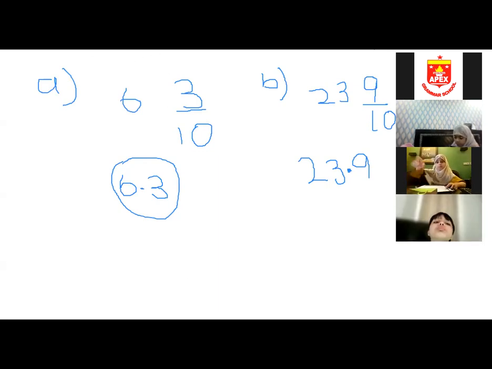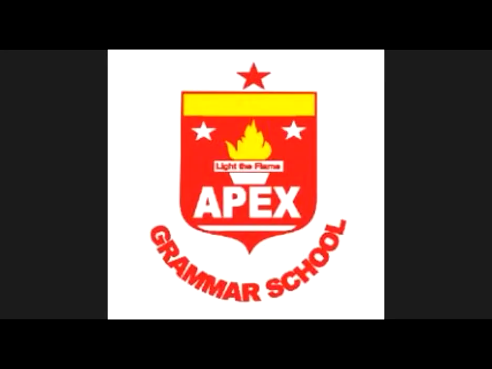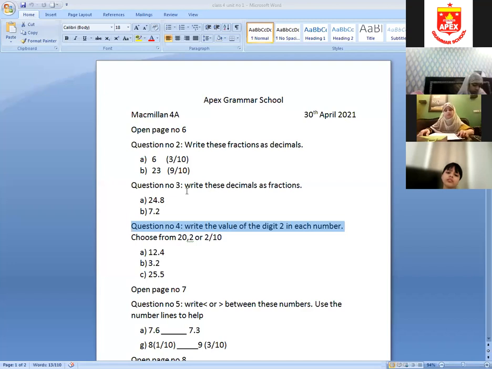That is question number 3. Look at my board. Write these decimals as fractions. Now I have to write these values as fractions.